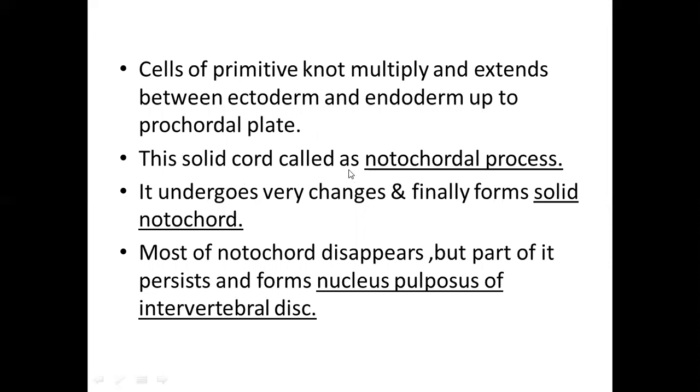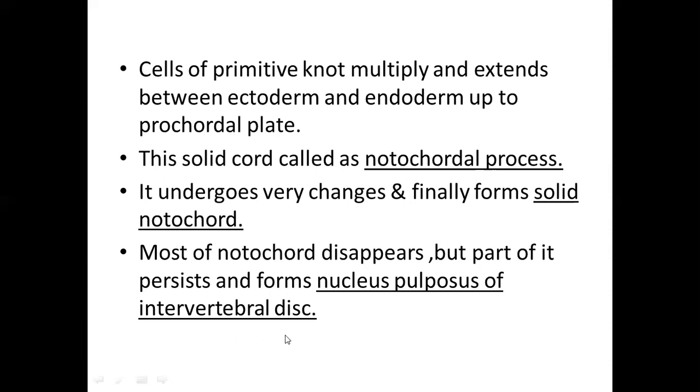This solid cord is called the notochordal process. It undergoes changes and finally forms the solid notochord. Most of the notochord disappears, but part of it persists and forms the nucleus pulposus of the intervertebral disc.